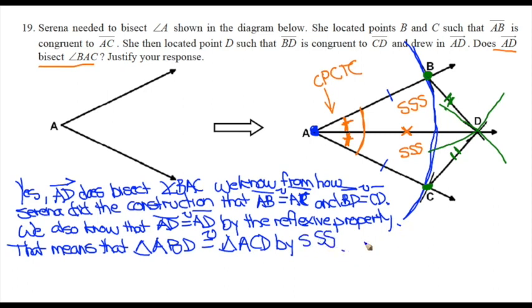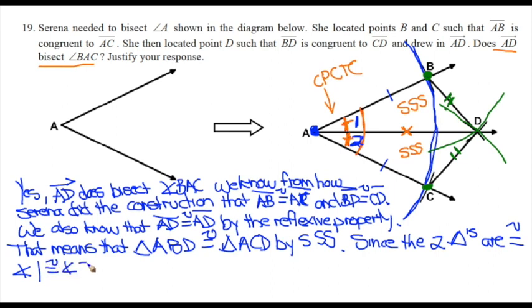Since the two triangles are congruent, angle 1, this one, must be congruent to angle 2 by CPCTC. Corresponding parts of congruent triangles are congruent.